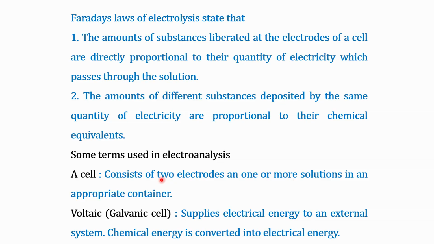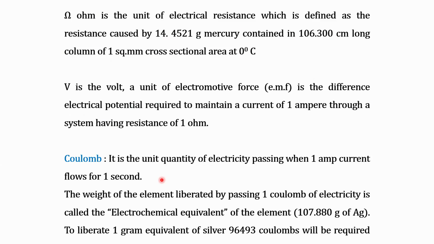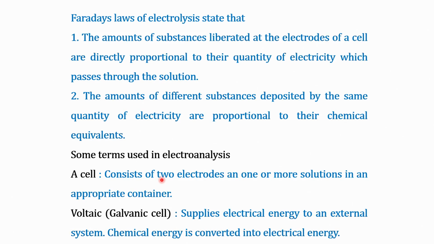Suppose you pass half of that, approximately 48,246 coulombs, you will get 107.880 divided by 2, that will be approximately 53.94 gram of silver. Suppose you still reduce the current, you will get still less silver deposited. So, that is one thing.